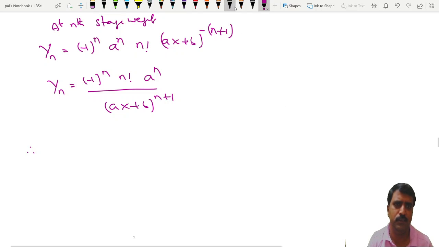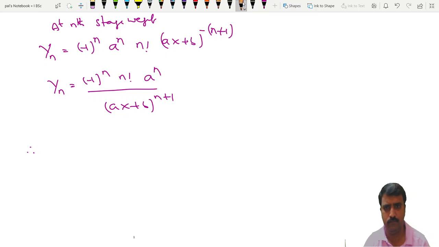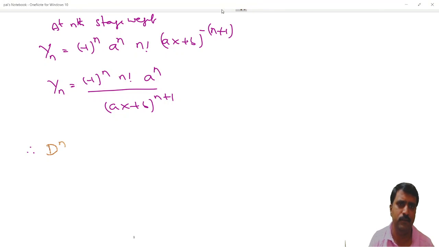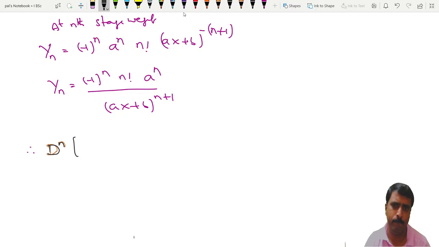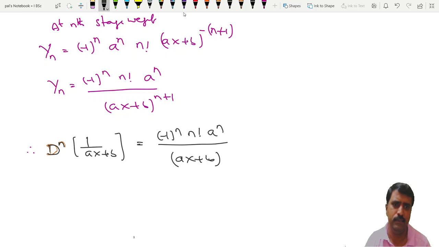Therefore, the nth differentiation of 1 by ax plus b is equal to minus 1 to the power n, n factorial into a to the power n by ax plus b to the power n plus 1.